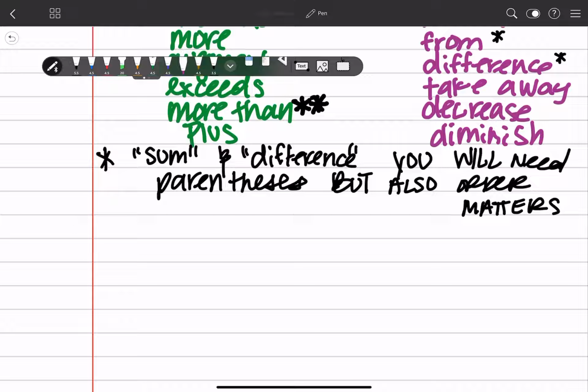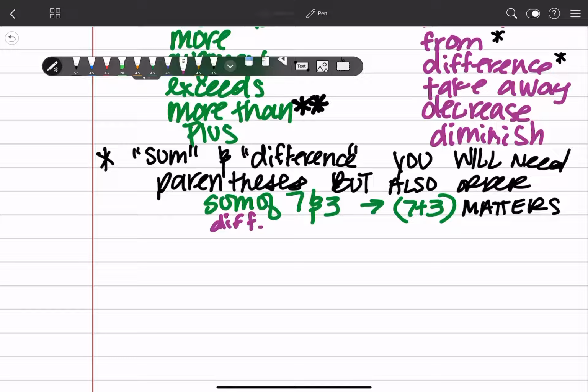Say you had the sum of 7 and 3. Then you would write that as 7 plus 3. And if it's in a different problem, then you might have to put parentheses around it. The same thing applies with difference, for example. So it's the difference of 7 and 3. It's telling you, hey, it's going to be 7 minus 3.